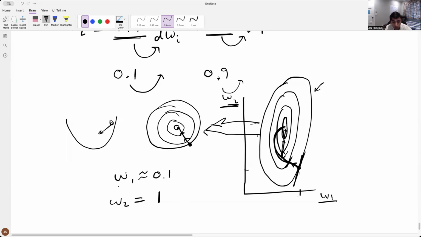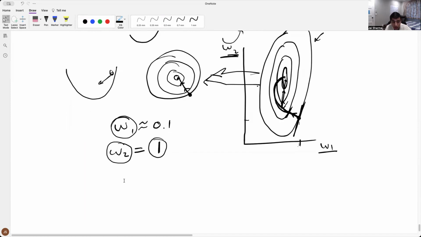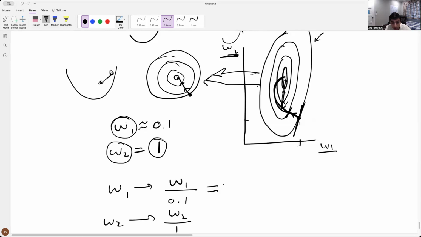And so what if we were to divide both of them by their respective magnitudes? So let's say that the magnitude for this is approximately 0.1, and the magnitude for this is approximately 1. What if we divided by the magnitudes in each case? Then W1 gets transformed into W1 divided by 0.1, and W2 gets transformed into W2 divided by 1. And so this becomes 10 W1, and this becomes just W2.